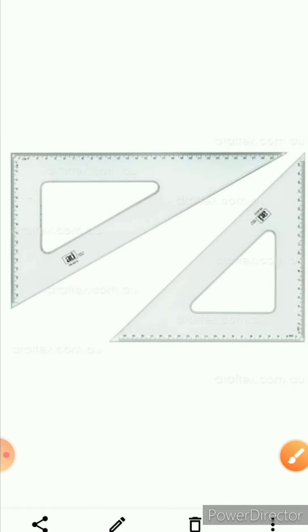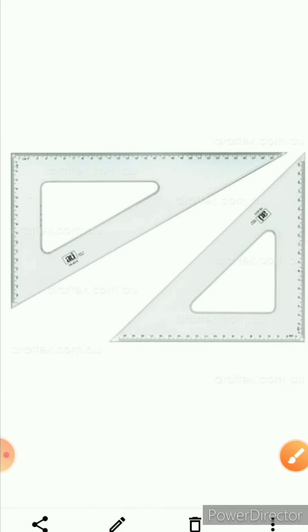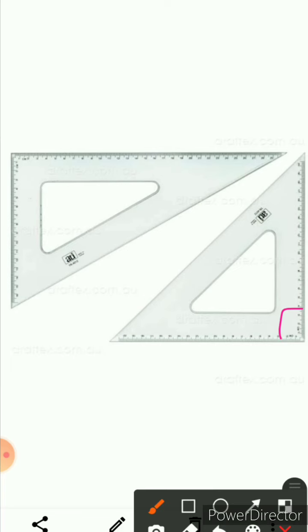So here are your set squares. As you can see here, this is your first set square, and that is your other set square. That is your 90 degree angle, 45 and 45. 90, 45 and 45, they are forming.